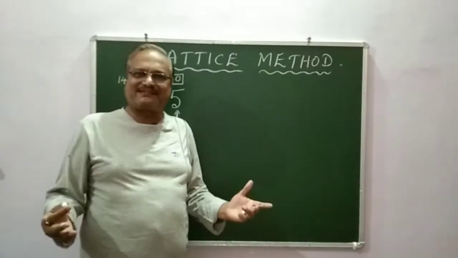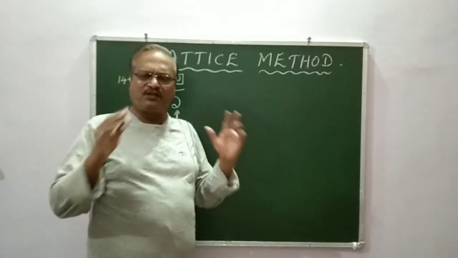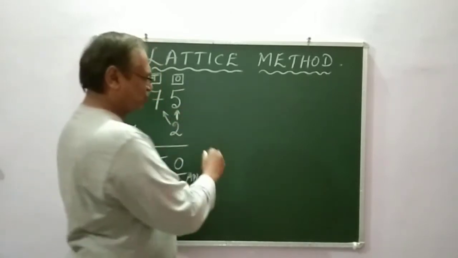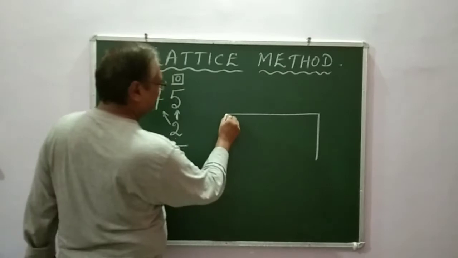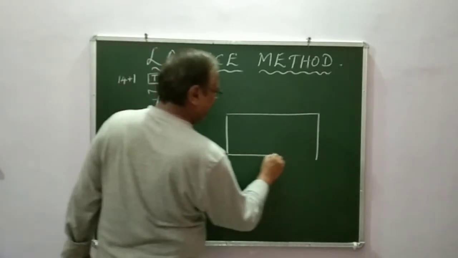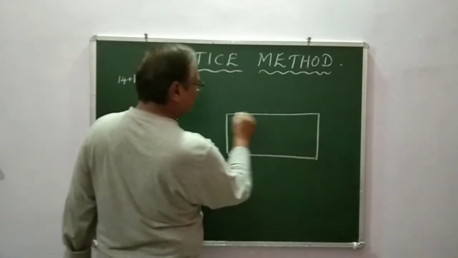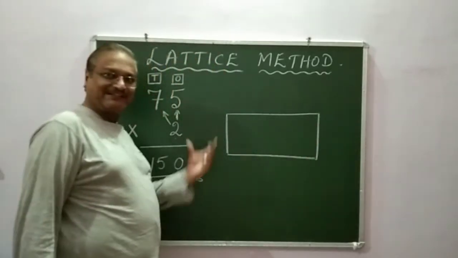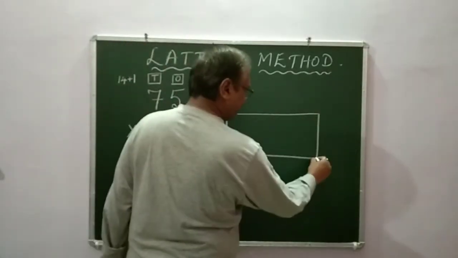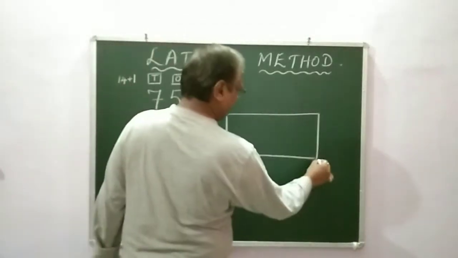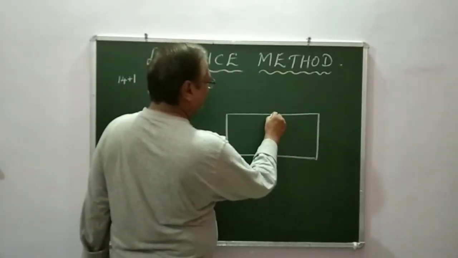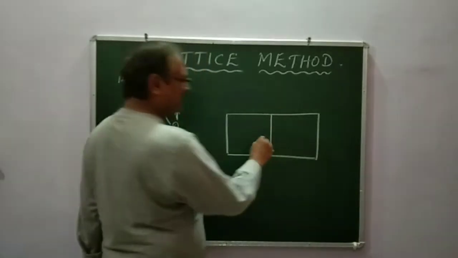What is lattice? Very simple. Draw boxes. Let me draw a rectangle. A rectangle has a long side called length and a short side called breadth. Don't worry about that. Draw a rectangle and divide it into 2 parts.